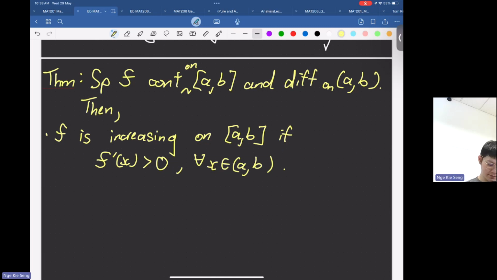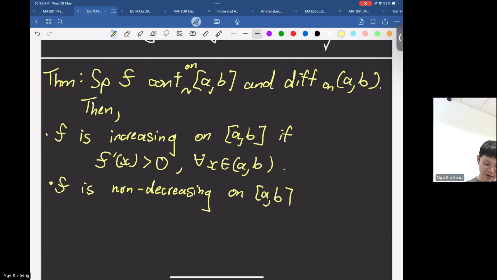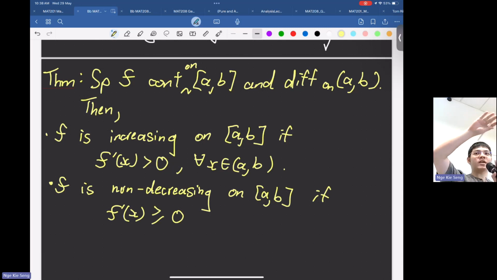You can also prove that f is non-decreasing on [a,b] if the first derivative is what? Greater or equal to 0? Remember the staircase, right? It can stay constant a bit and then go up. When you stay constant, that's where you get zero derivative.